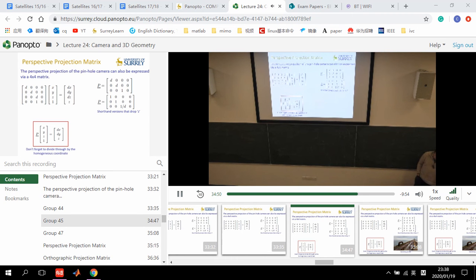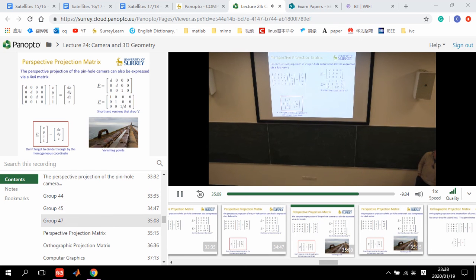So using this compact form for the perspective projection matrix, we have a point in 3D being pre-multiplied by P, which projects us to an image of that point in homogeneous form. Does that make sense? Right. Any questions on that?